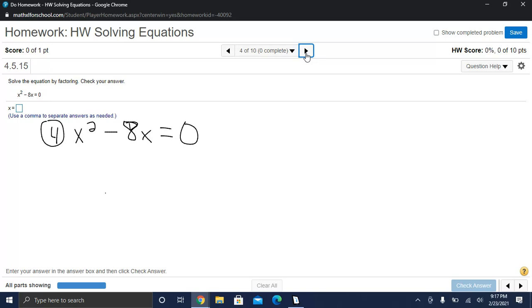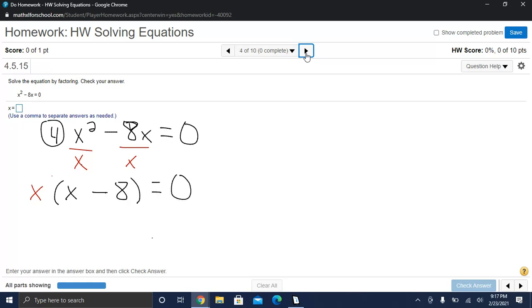So what I can notice is that both of these can be divided by an x. So I'll factor out an x and then start a parentheses, which would be x squared divided by x, giving me x, minus 8x divided by x, giving me 8, equals 0.